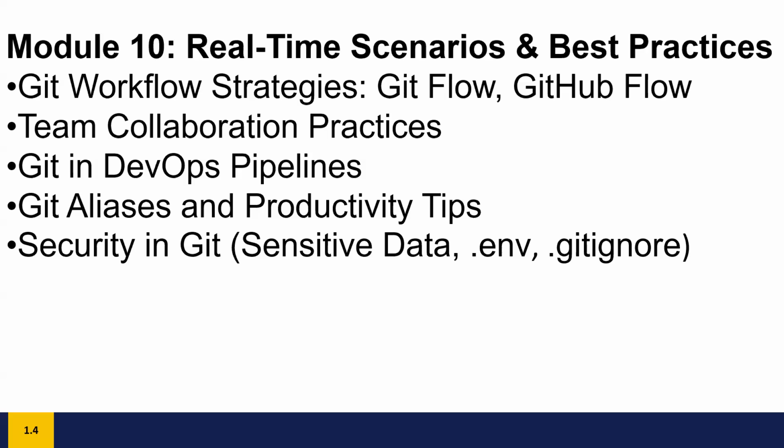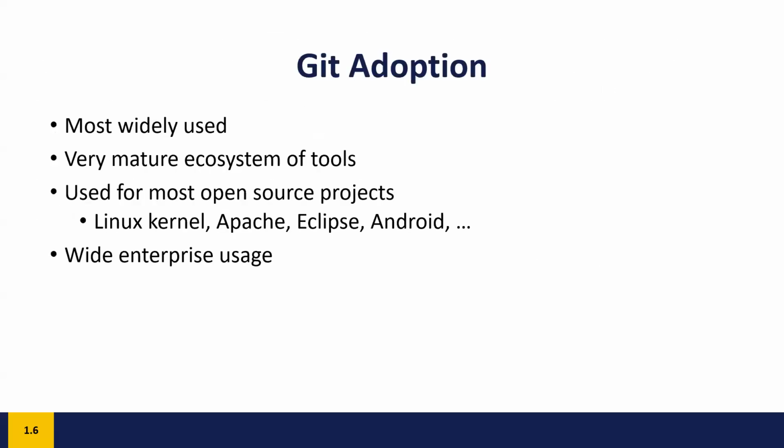The real-time scenarios will also be discussed: Git workflow strategies, Git flow, GitHub flow, team collaboration practices, Git in DevOps pipelines, Git aliases and productivity tips, and security in Git. We'll discuss all of these in this course.